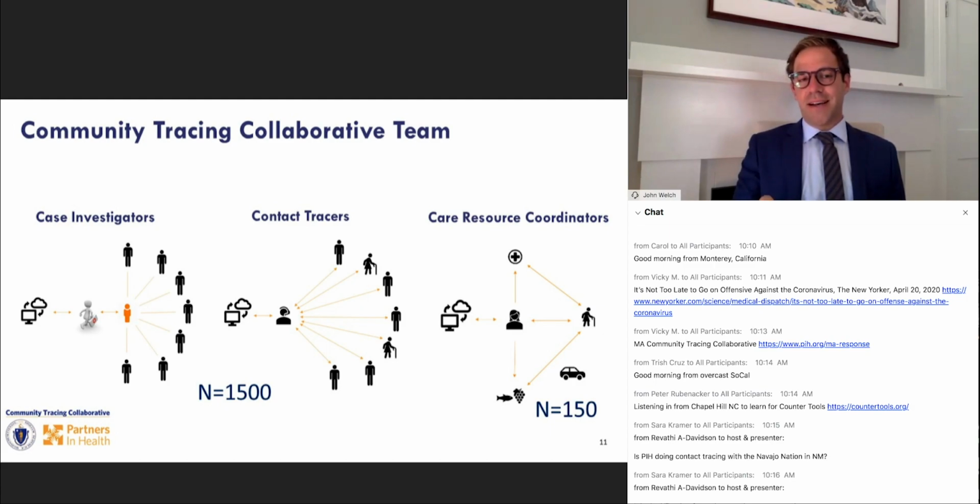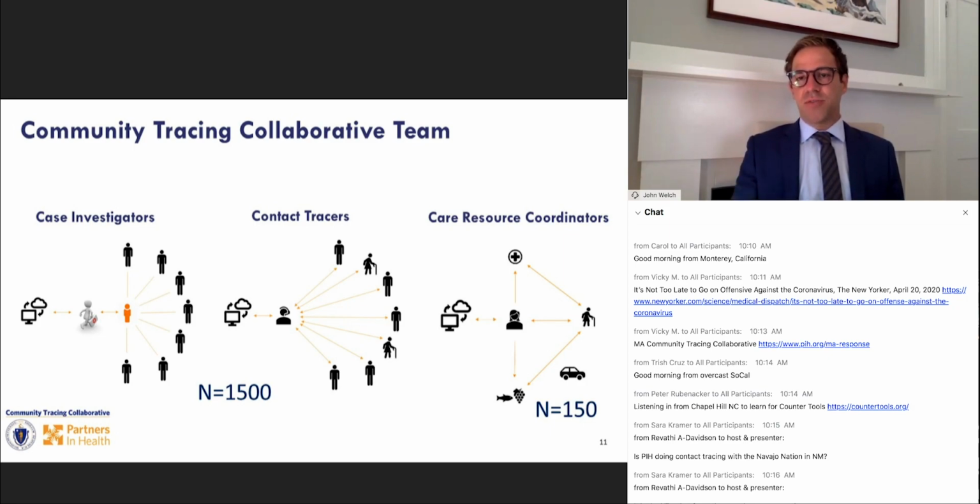But helping us collect the information we need, gather those contacts, and then most importantly, and I can't stress this enough, most importantly is then tying something like 15% of the individuals that we reach to our care resource coordinators.